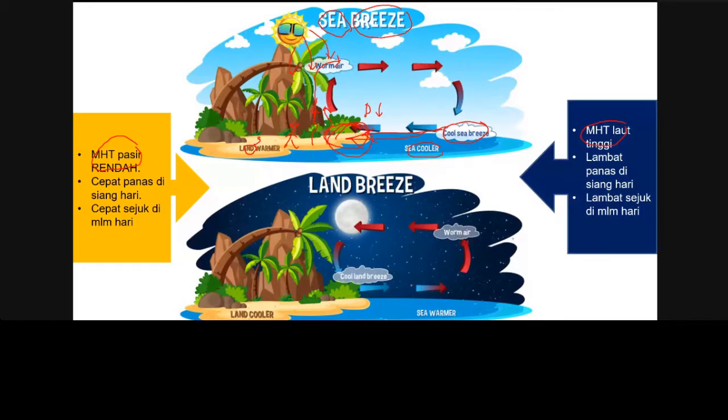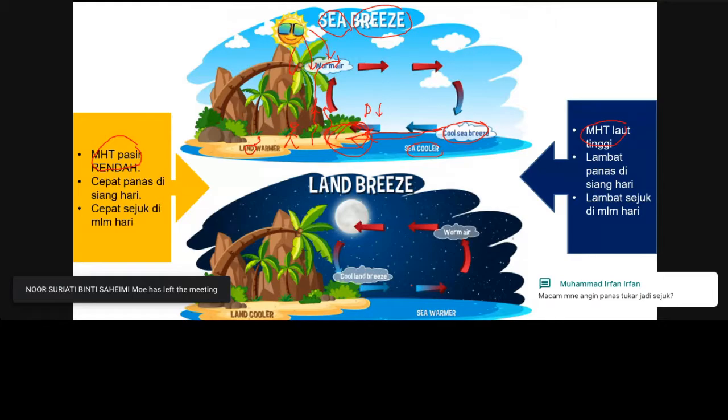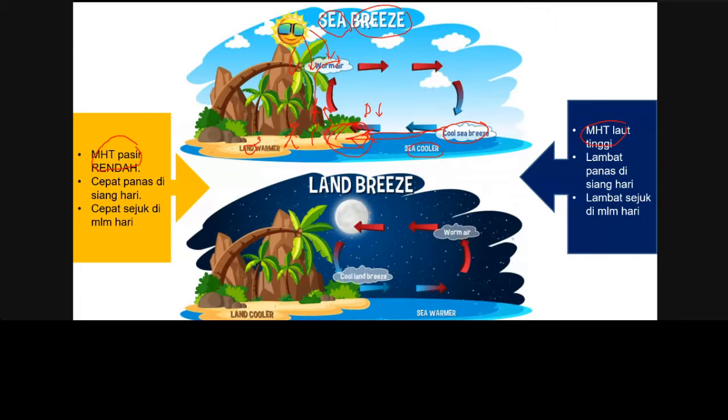And you will notice air swimming pool is actually quite warm. Dia masih panas. Why? Sebab siang tadi panas, haba daripada matahari tadi, dia diserap ke dalam air dan belum habis keluar. So during night time, this is not just for sea lah.